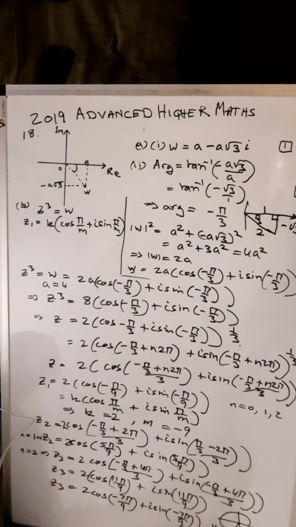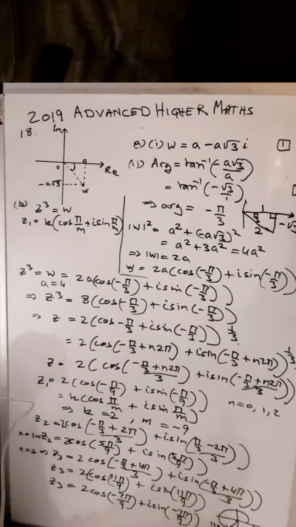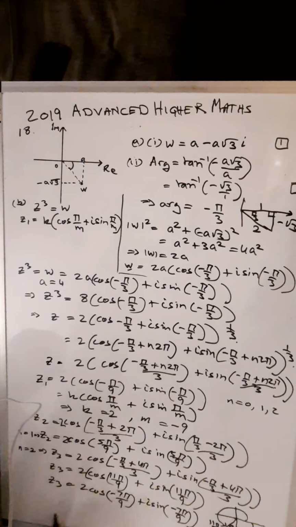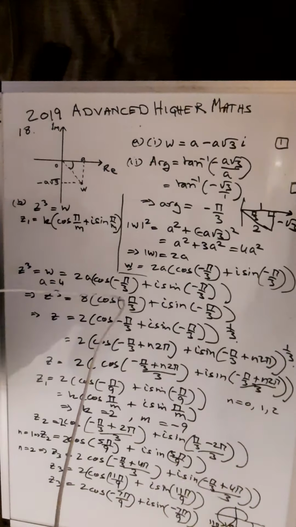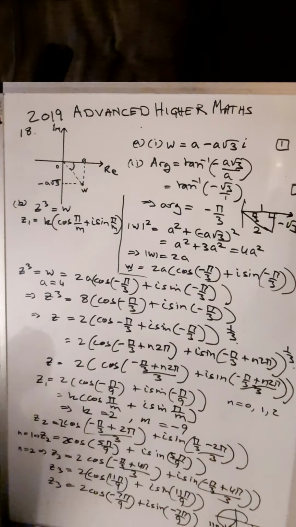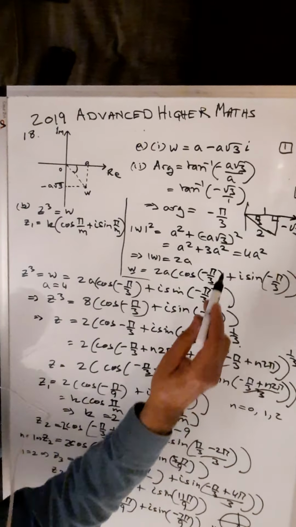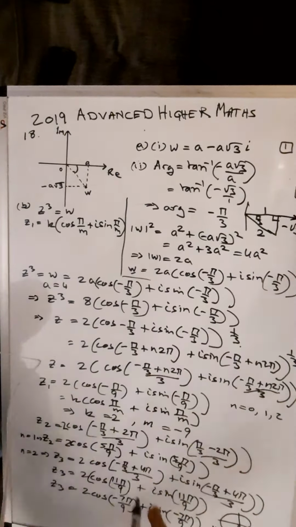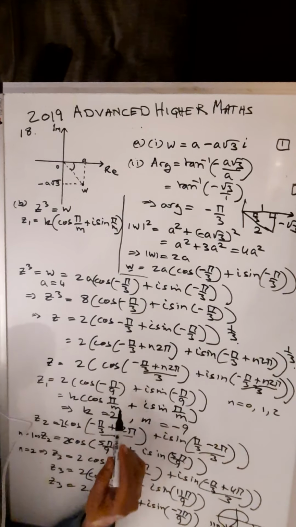So these are 120 degrees apart. So we've got the 3 solutions there, 120 degrees apart. So the first one is, well, you got 5 pi by 9 anyway already there. And you got these other two, 5 pi by 9 and 11 pi by 9. The first one is just pi minus pi by 9.